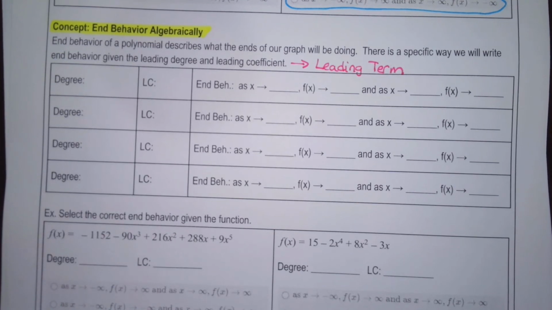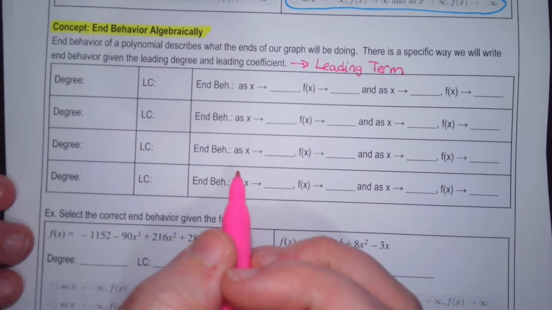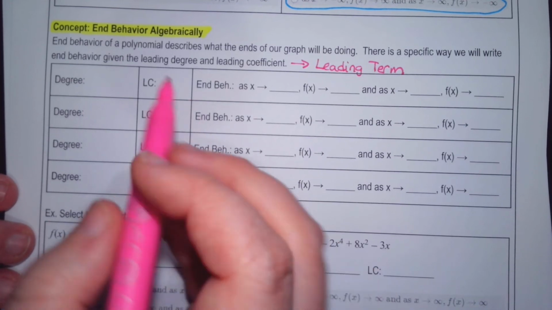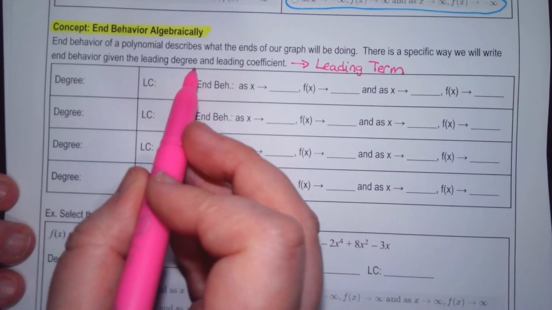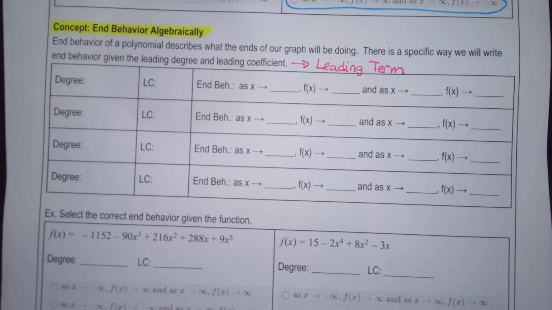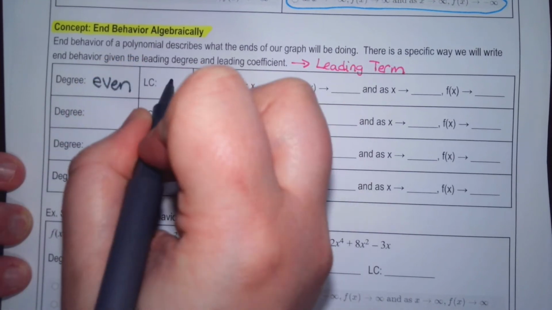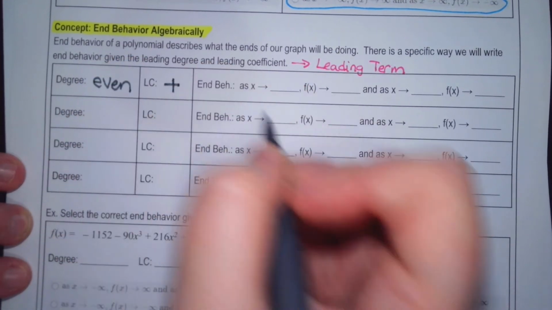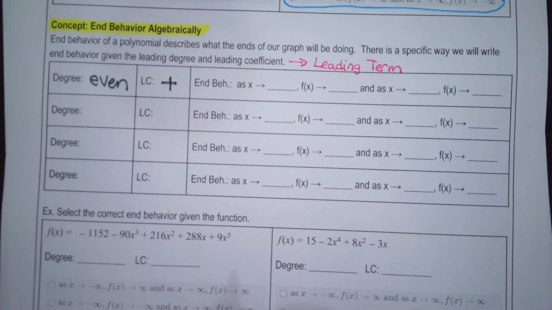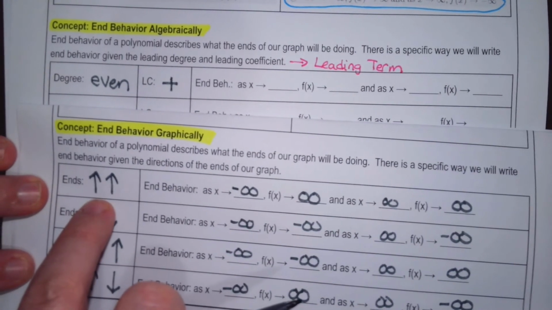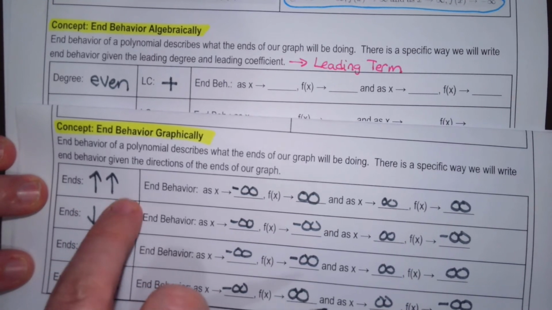So, our degree, again, it's on the leading degree. If we have an even leading degree and the leading coefficient is positive, the end behavior is going to be the exact same end behavior as if both ends were up.